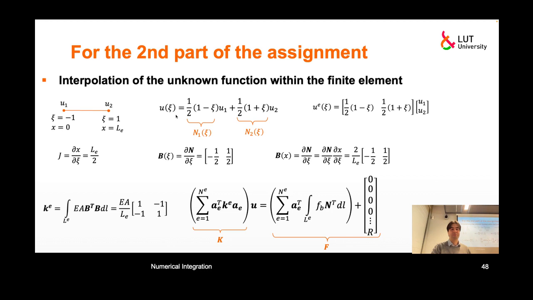And in this case, I put the derivative of the global coordinate x with respect to the local coordinate. So the interpolation of the unknown displacement within each element in local coordinates uses two shape functions, linear interpolation. So we have at the left end xi equals minus 1.